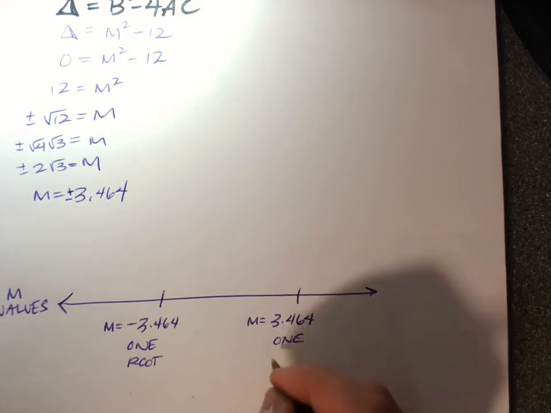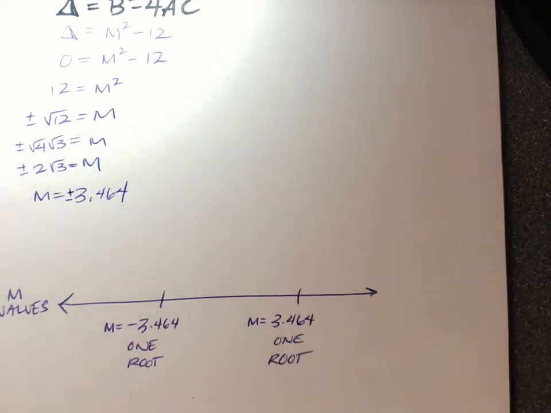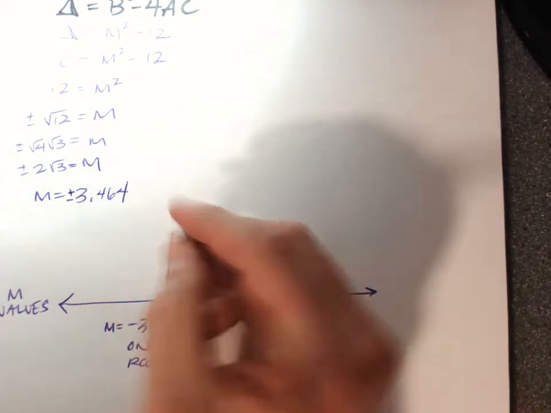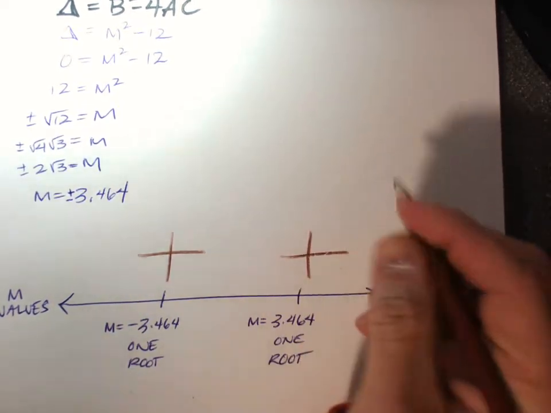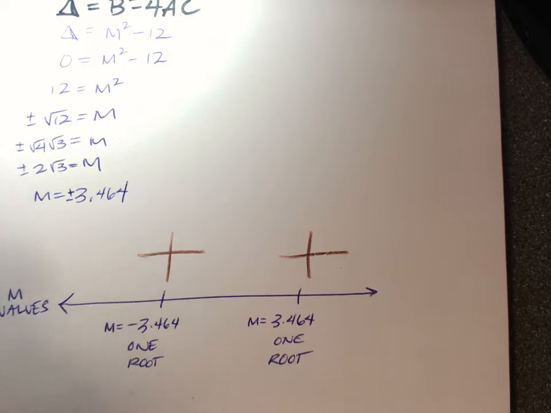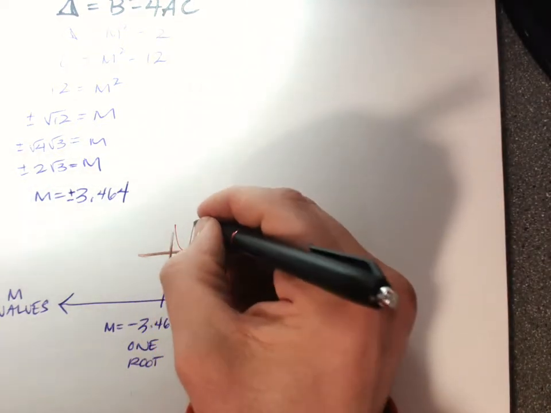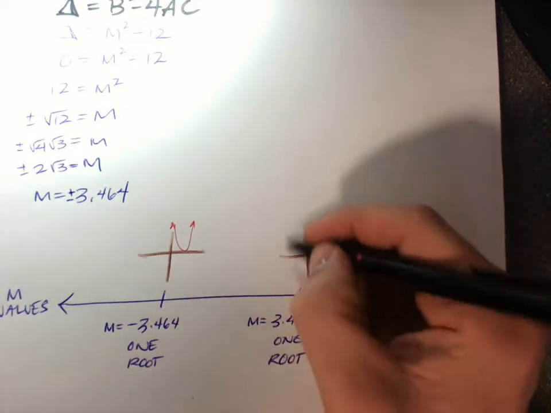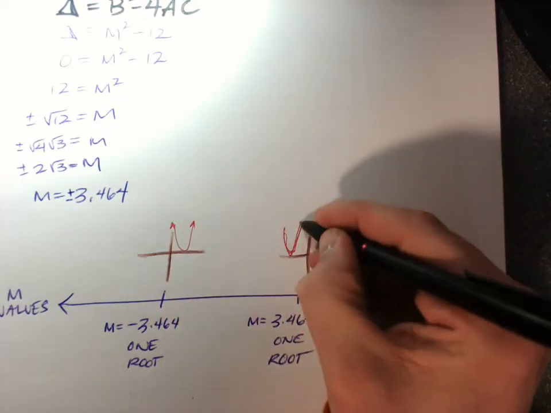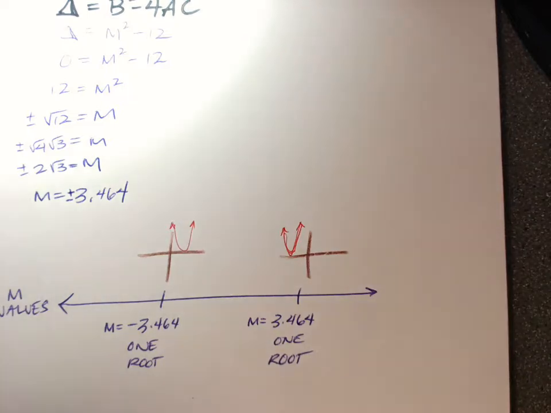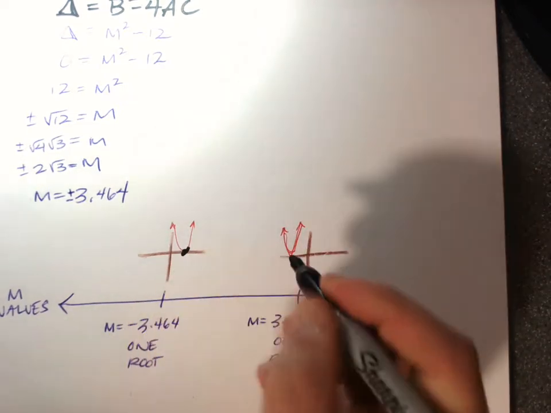So there's two values that produce different parabolas consisting of one root. And it'll be something like, in one such case, it might be the parabola in that quadrant, and in the second such case, it might be the one that's in the other quadrant.